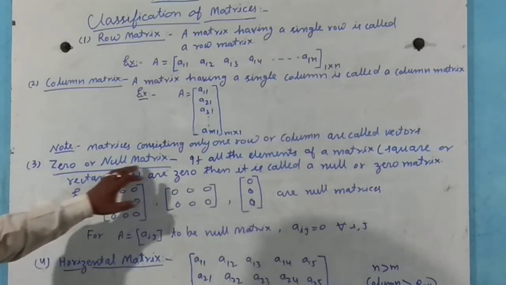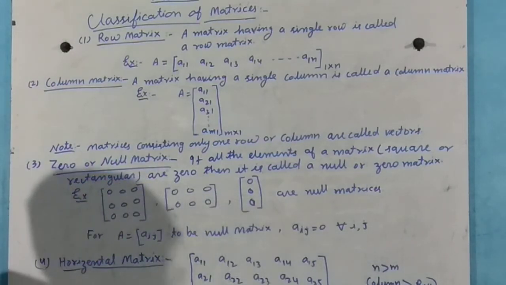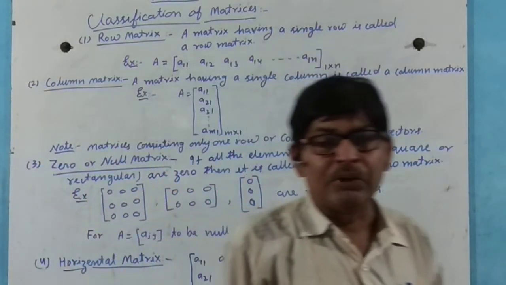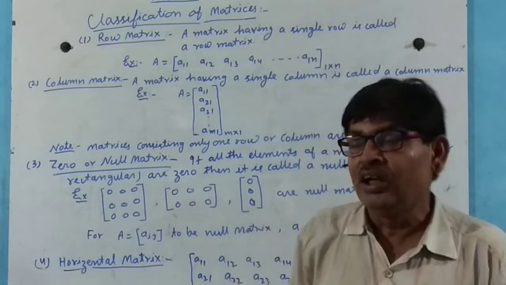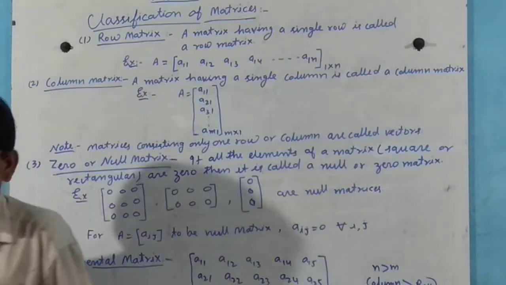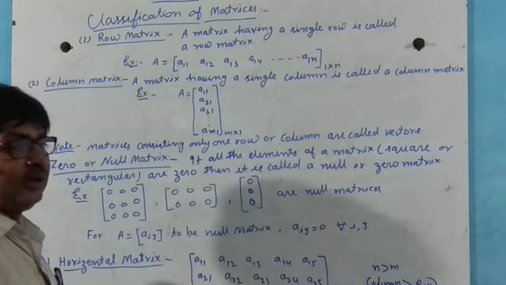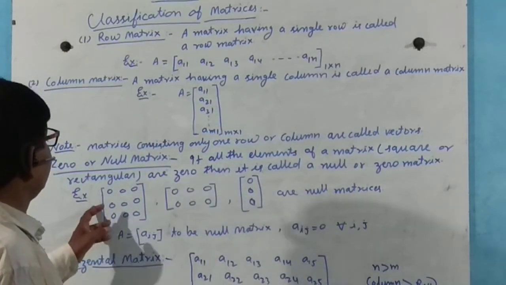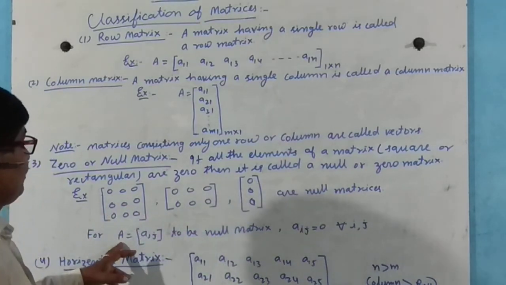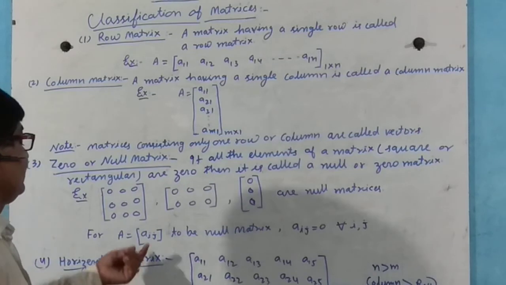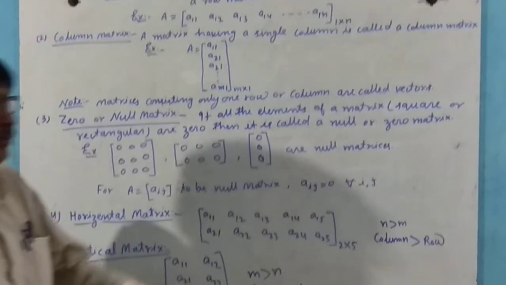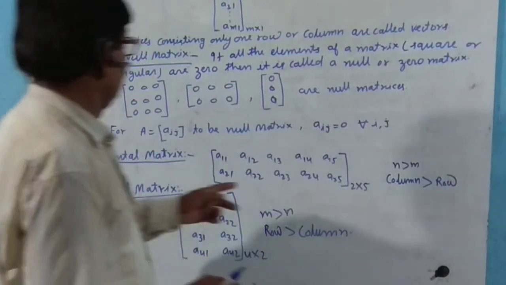Third, zero or null matrix: if all the elements of a matrix, square matrix or rectangular matrix, are zero, then that is called the zero matrix or null matrix. It means that if Aij is a null matrix, then Aij equal to 0 for all values of i and j.